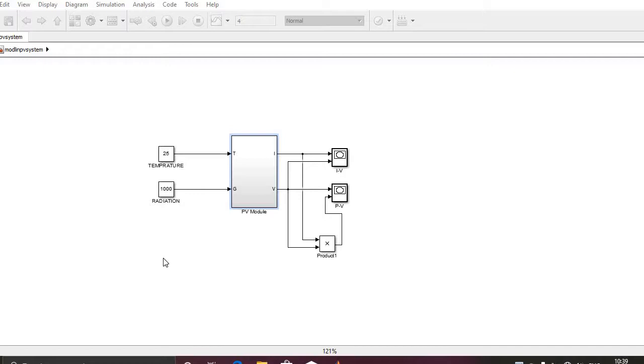So now this is our modeling for the PV array.